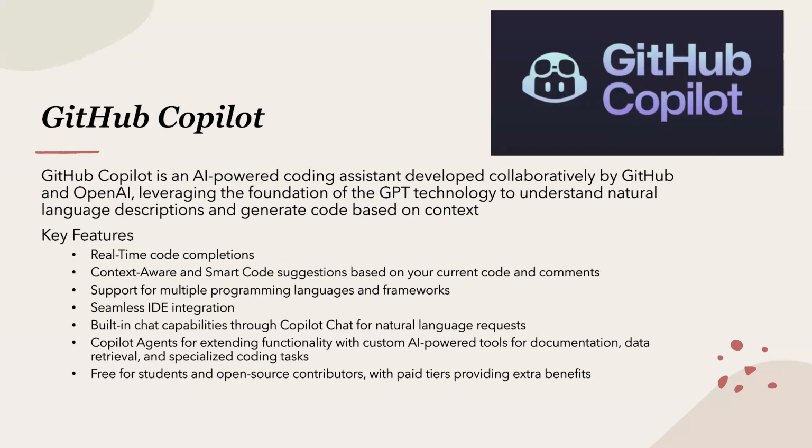GitHub Copilot is an AI-powered coding assistant developed collaboratively by GitHub and OpenAI, leveraging the foundation of the GPT technology to understand natural language descriptions and generate code based on context.